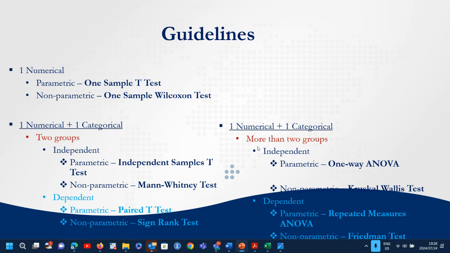The difference here is that the categorical has more than 2 levels. So here we were using examples of yes and no, and the standard teaching approach and a new teaching approach. This side, you're going to have more than 2 groups.